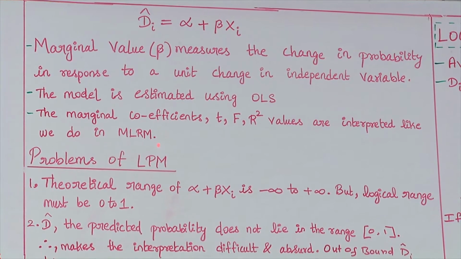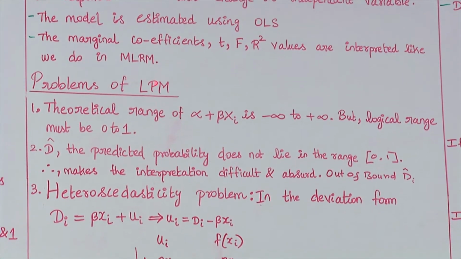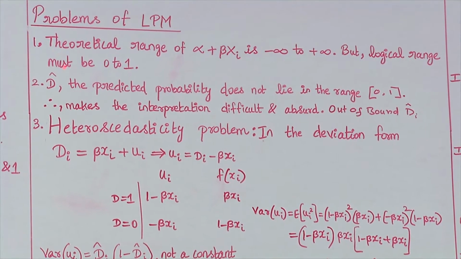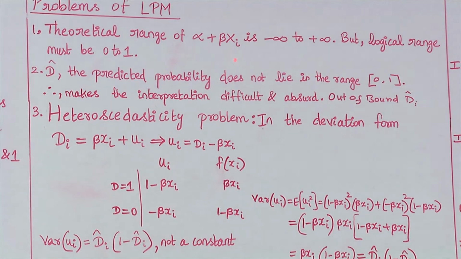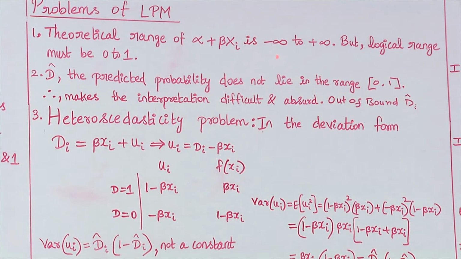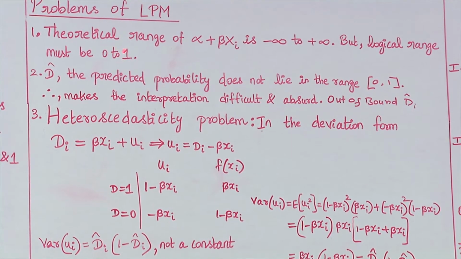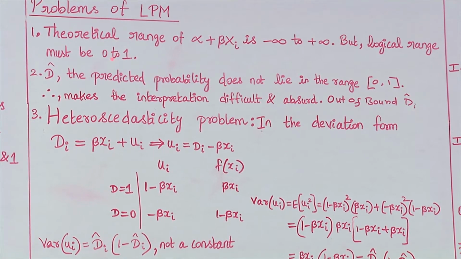But this approach has some problems. So, let us discuss the problems of LPM. In the LPM, the theoretical range of alpha plus beta Xi is minus infinity to plus infinity, but the logical range must be between 0 and 1, because it is a probability. Probability cannot exceed 1 and cannot go below 0.